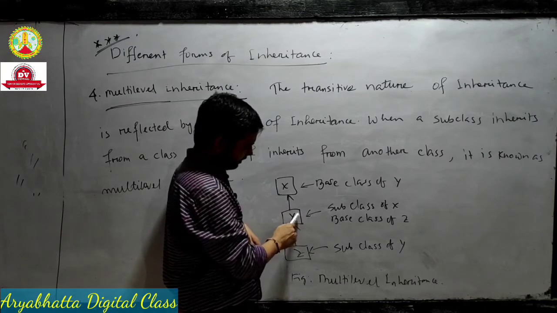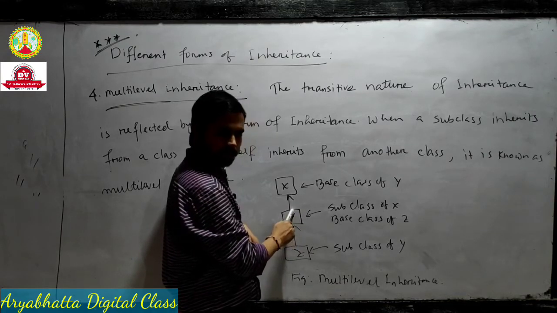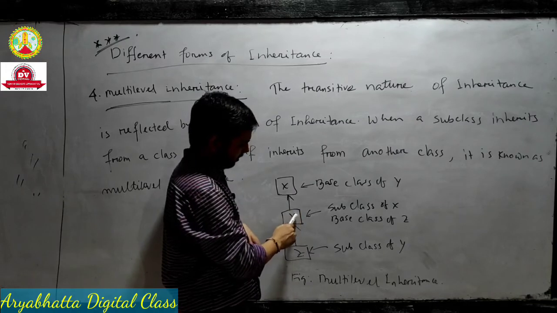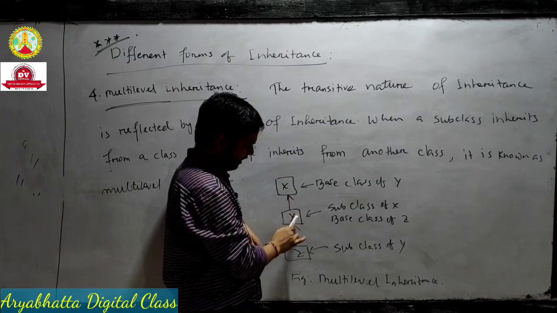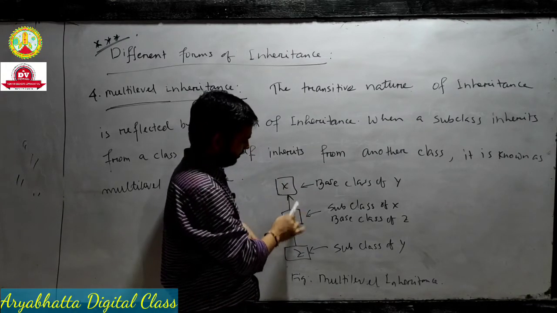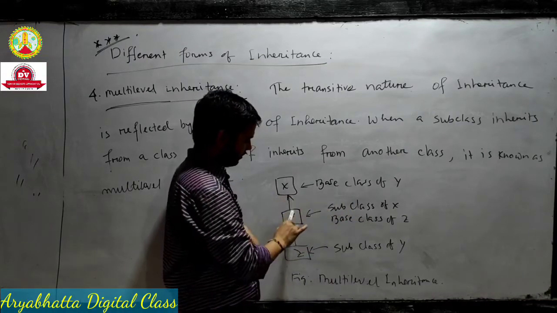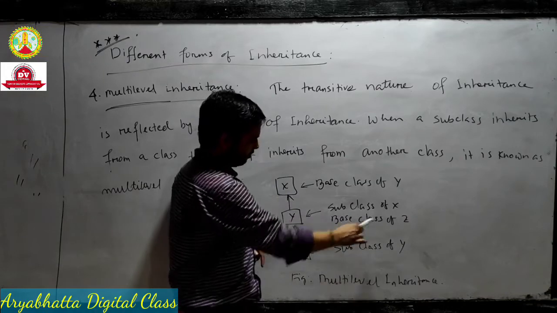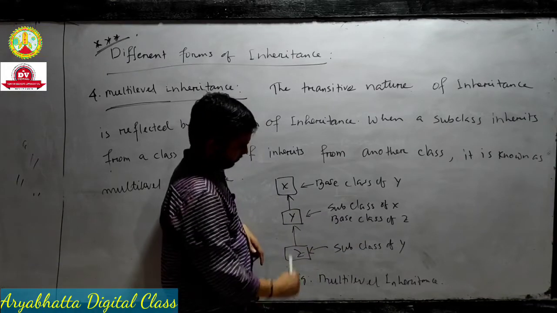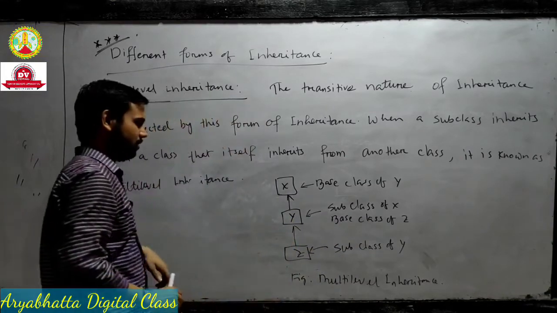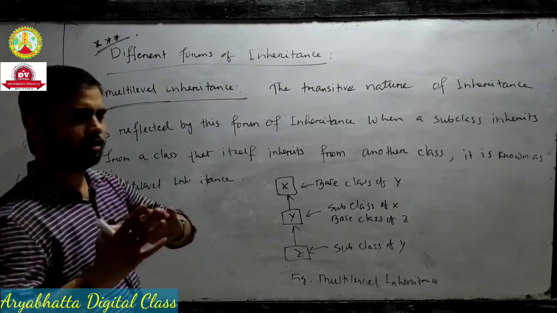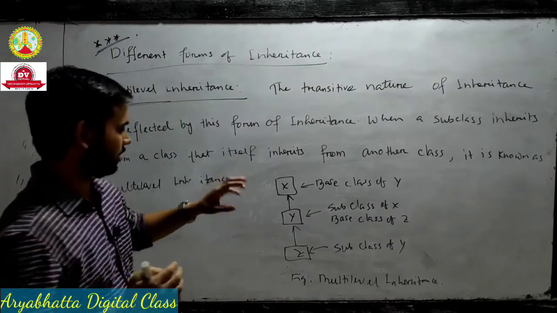Okay? Means this is the child of this, and this is a child of this. That's why Y, the middle part, is also a child and also a parent, child of X and parent of Z. Okay, that's why this is subclass of X and this is base class of Z. Understood? Means your father is father of you, but son of your grandfather, like that concept.